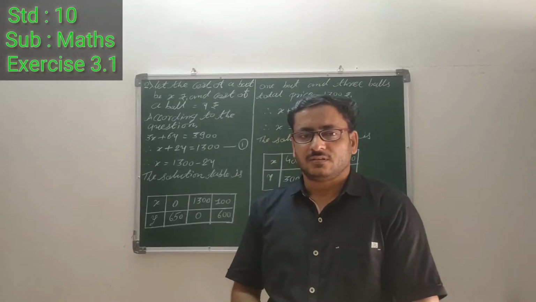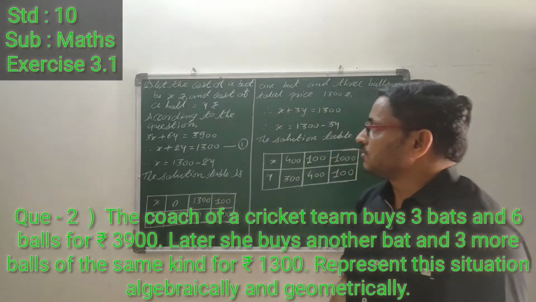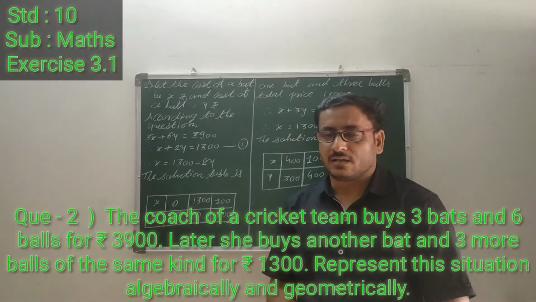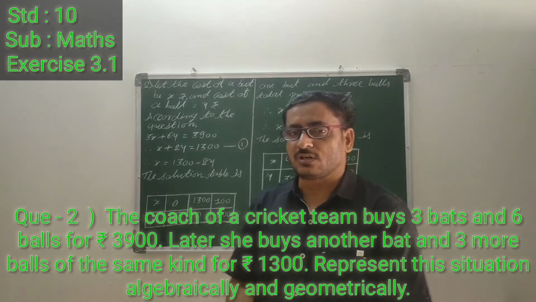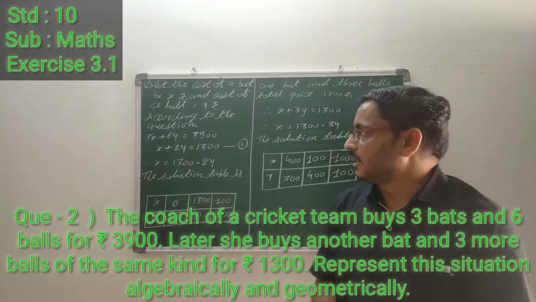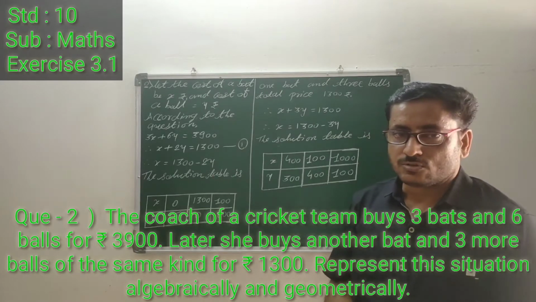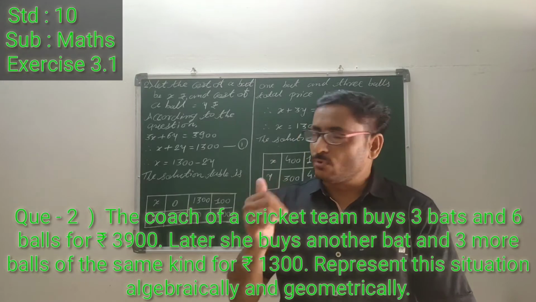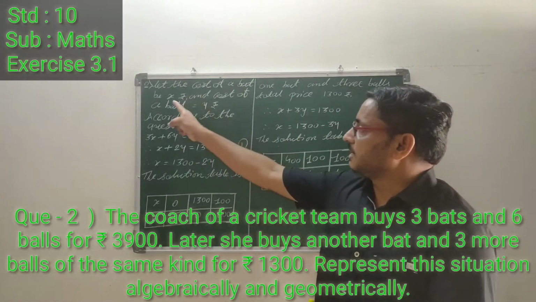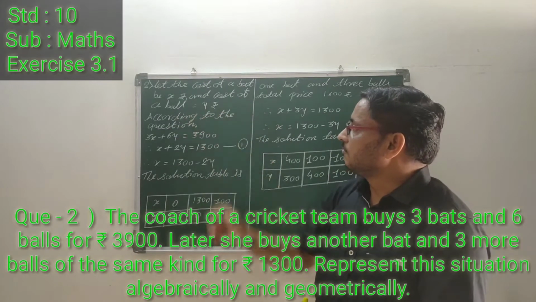Exercise 3.1, question number 2. The coach of a cricket team buys 3 bats and 6 balls. The total cost of 3 bats and 6 balls is 3,900 rupees. So here there are two things, bats and balls. Let me suppose the cost of one bat is x rupees and the cost of one ball is y rupees.